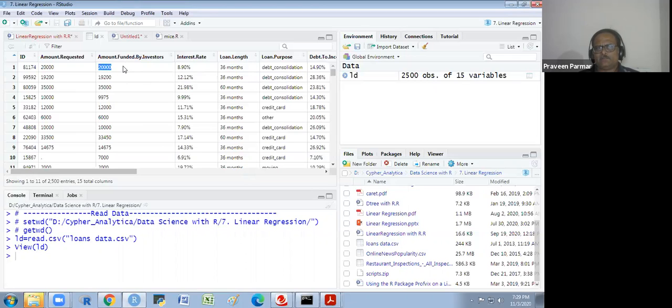It is the figure given by the investor. It will be given by the investor, or it will become known later on after approval of the loan. At the time of approval, they will say that we could give this much amount to you. So that is not an important variable. It is useless for us in this predictive model. Do you agree with this or not?